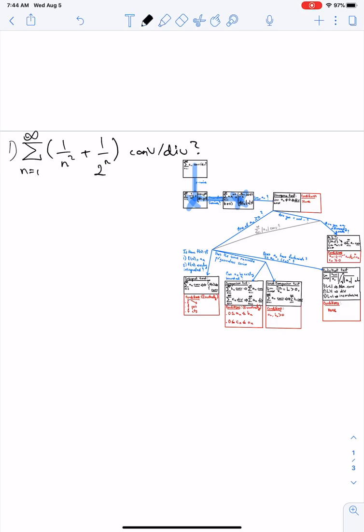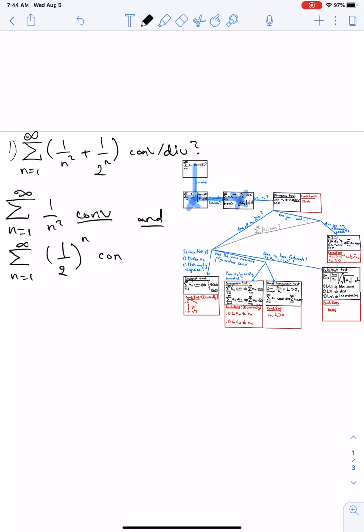So let's do that. Independently, I know that 1 over n squared is convergent because of the P series. And I also know that 1 over 2 to the n is also convergent because the common ratio is 1/2, which is less than 1, so it converges by the geometric series test.